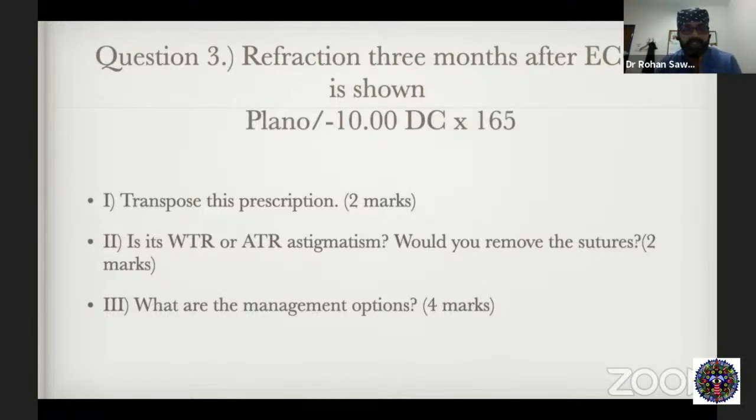Second question is, is it with the rule or against the rule astigmatism? Would you remove the sutures? Last question, for 4 marks, what are the treatment options or further management options? Your time starts now. Give yourself 1, 2 or 3 minutes, and the first one should be straightforward. Any volunteers for the first question?